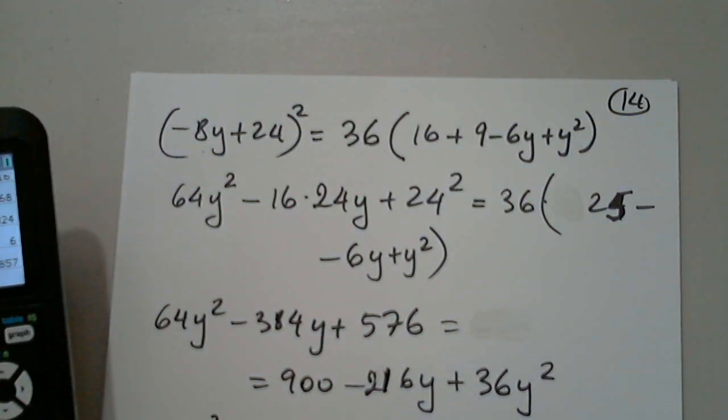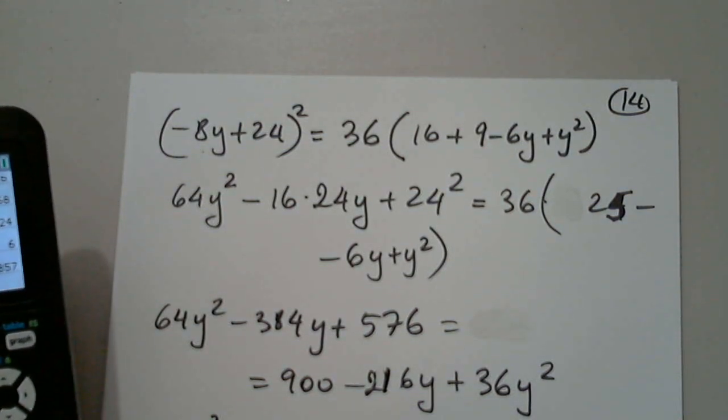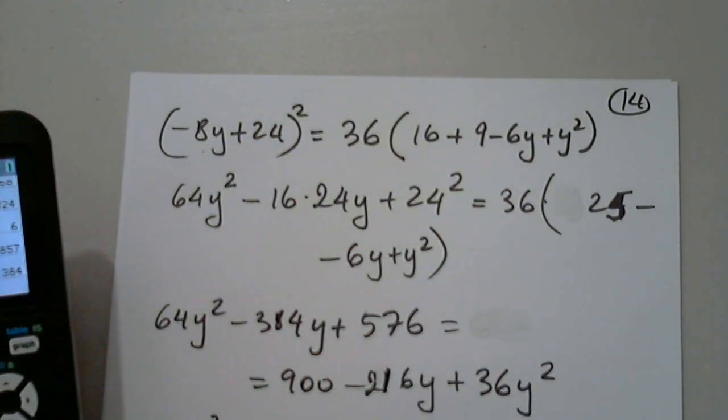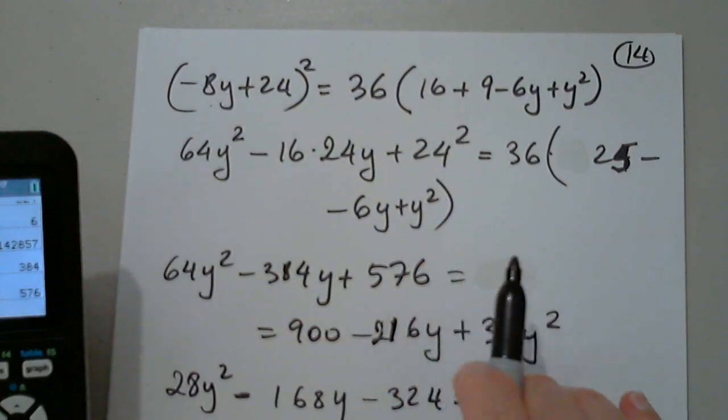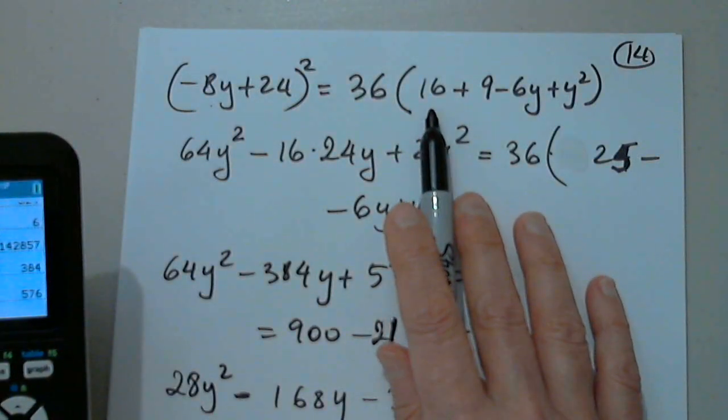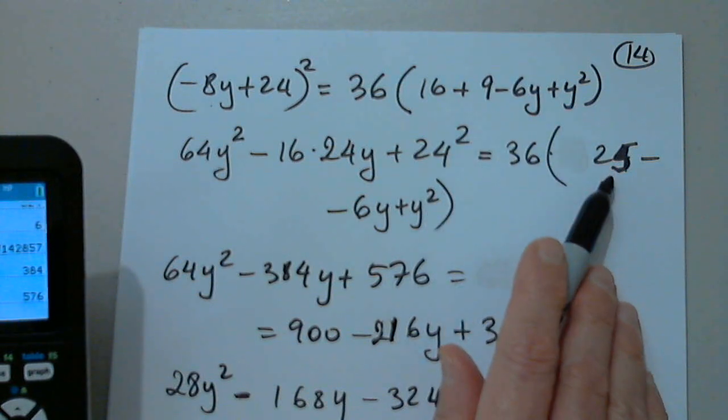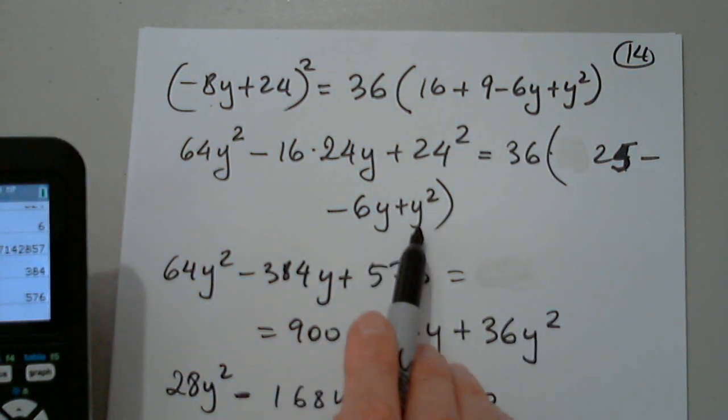So 2 times the first times the second, 16 times 24. That's correct. 24 squared, we already know that. 36, 16 plus 9, yes, it's 25, minus 6y plus y squared.